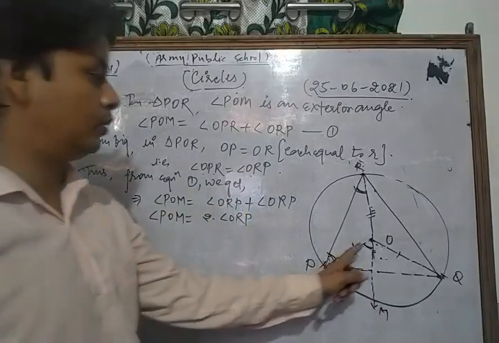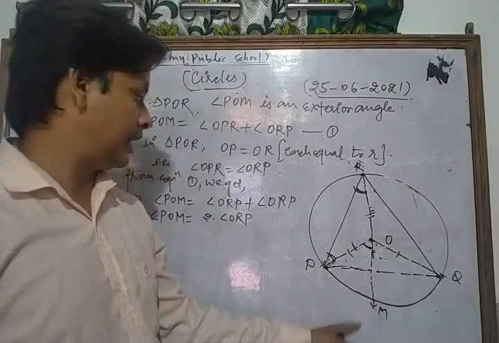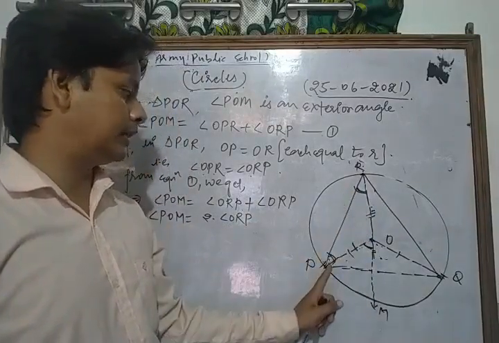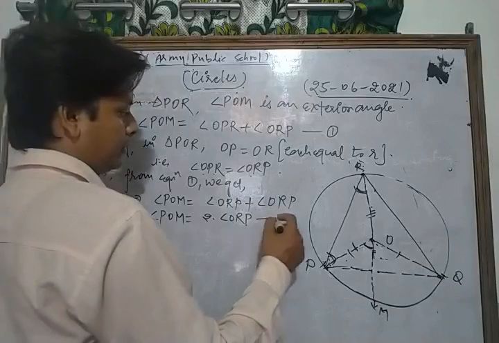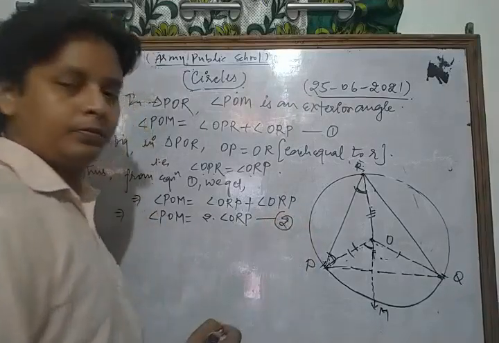Since angle OPR equals angle ORP, and angle ORP is already there, we get angle POM is equal to 2 times angle ORP. We take this as equation number 2.